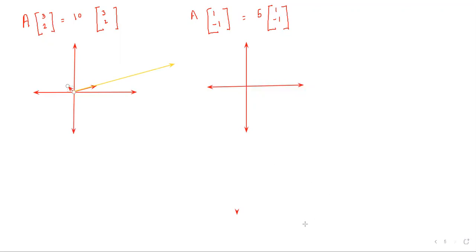If you want to use a different color here, you see it goes 5 times in this direction. So this is the direction.